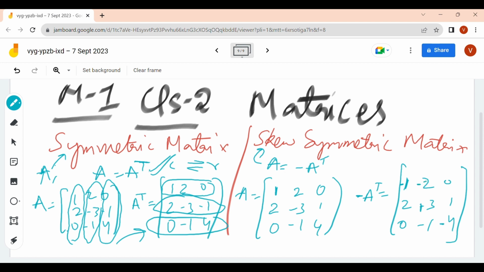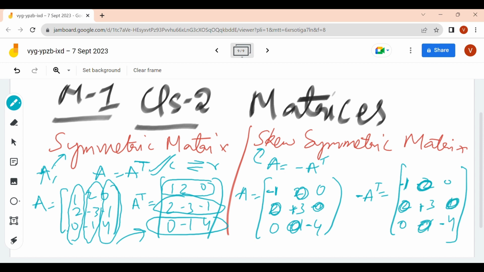For getting everything minus, this becomes minus, this becomes plus, this becomes minus, and these also become minus, right? So instead of making this one, I'll make this one 0, so here also 0. This is minus, this is plus, this is minus. These two I'll make minus 1, minus 1, or let's say 0 and 0.